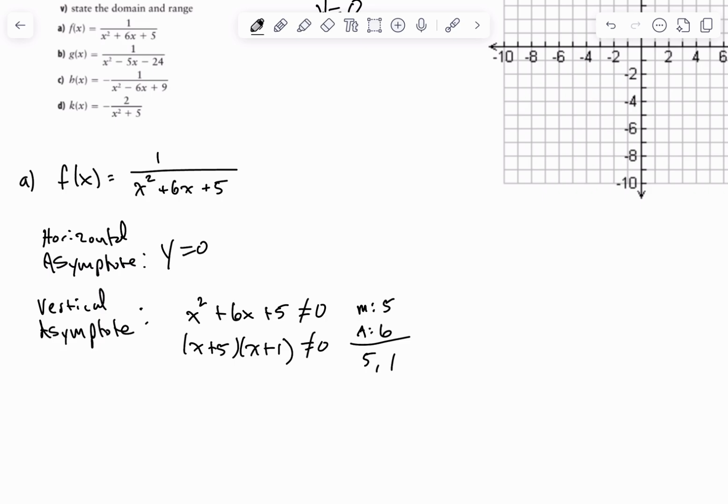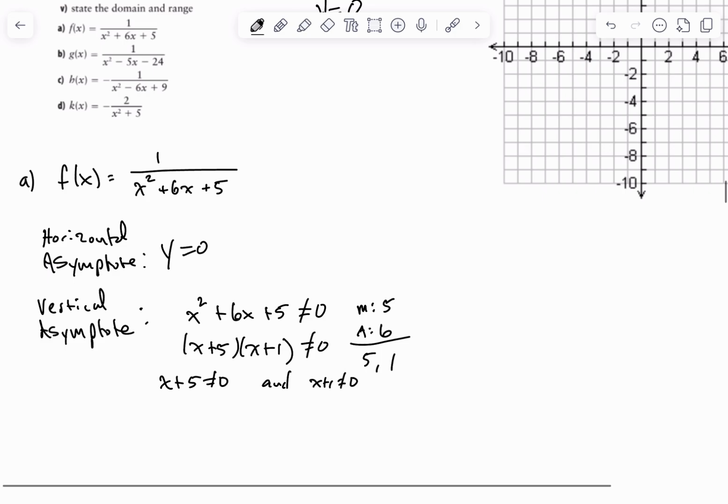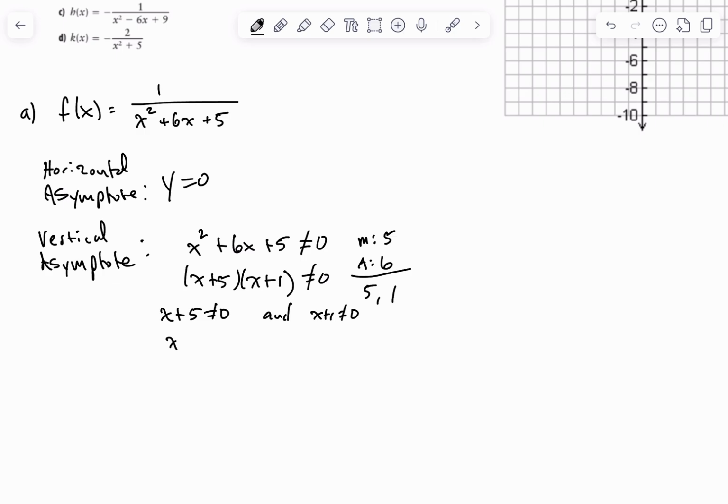That can't equal 0, which means x plus 5 can't equal 0, and x plus 1 can't equal 0. So x can't be negative 5, and x can't be negative 1. Those are your two vertical asymptotes: one at x equals negative 5, and one at x equals negative 1.